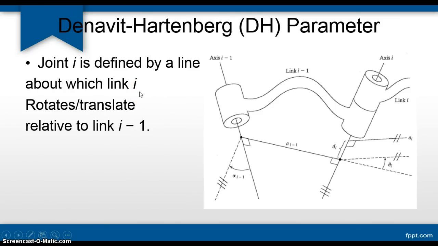We will define joint i by a line about which link i rotates or translates relative to link i minus 1.